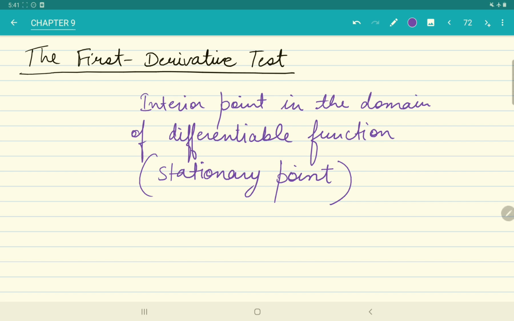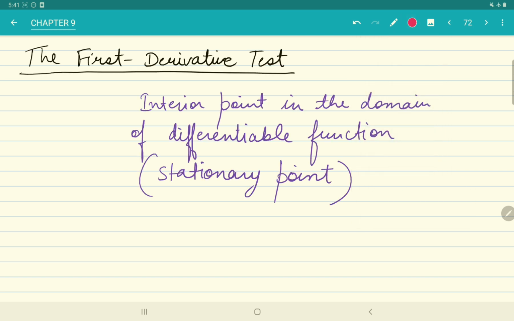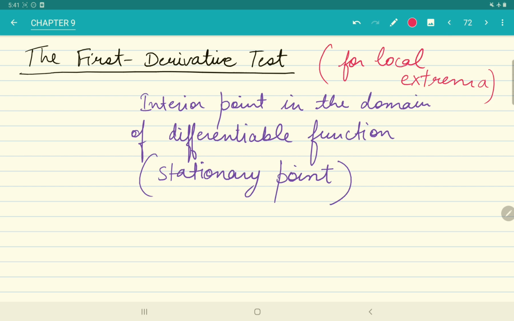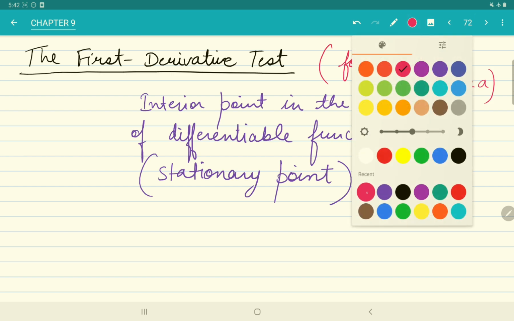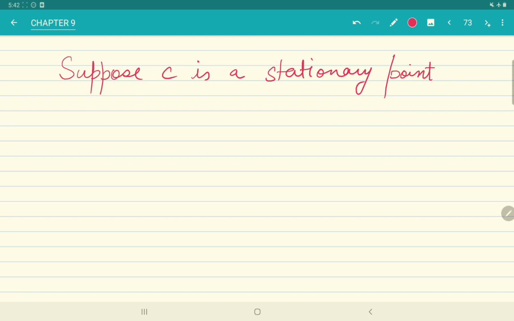So for that we take the first derivative test. This is the first derivative test I should write for local extrema. And here let's suppose C is a stationary point for y is equal to f of x.